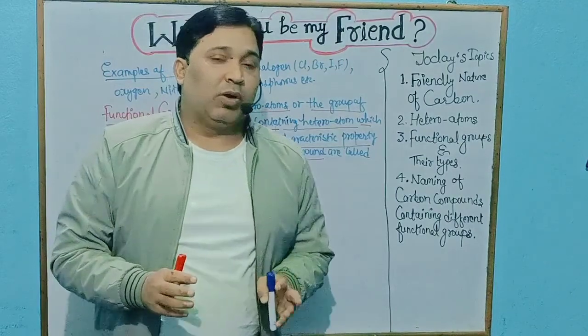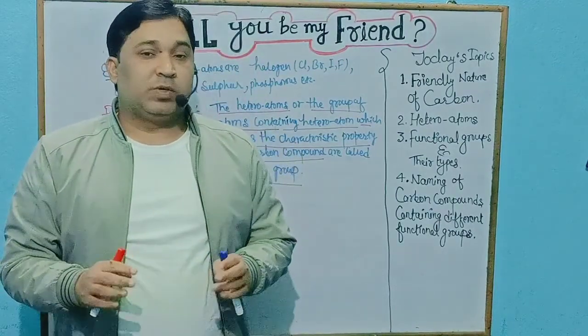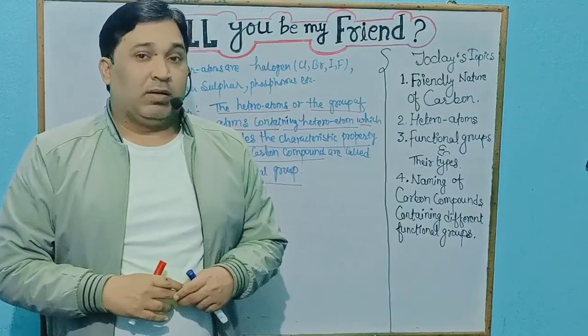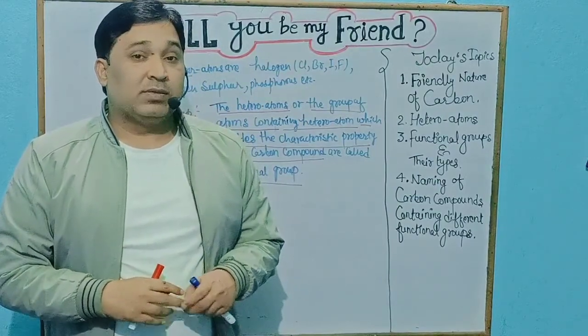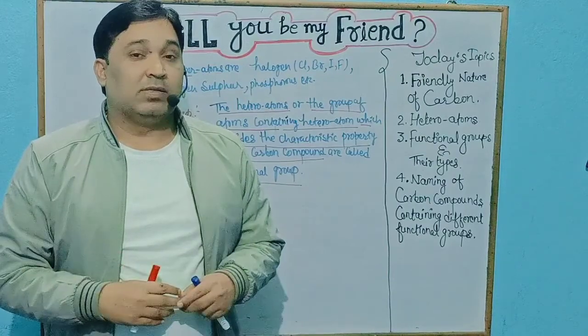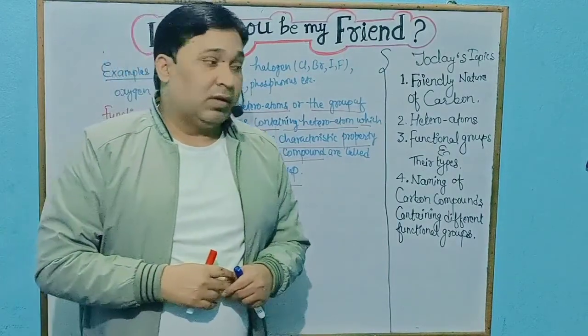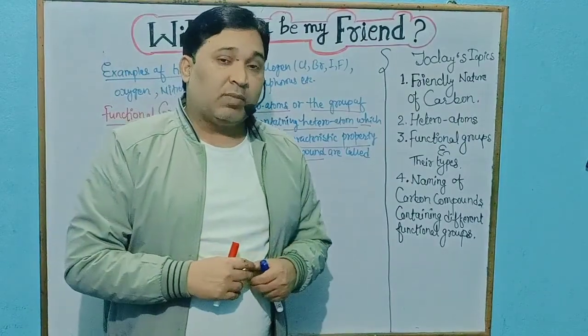Just like Lord Krishna is present in every human being, but the characteristic property, that means deeds and karmas, are decided by ourselves, right? Not by Lord Krishna. So we are responsible for our karma.